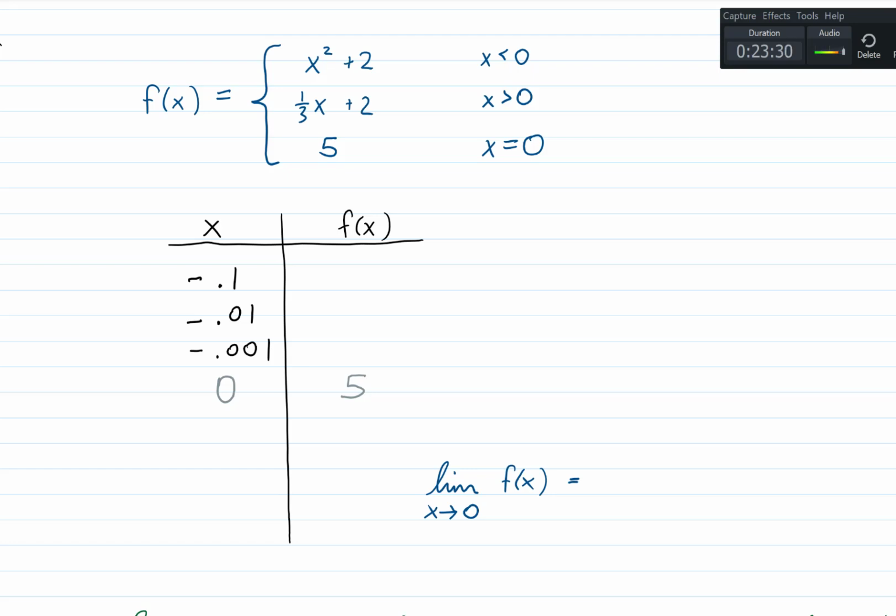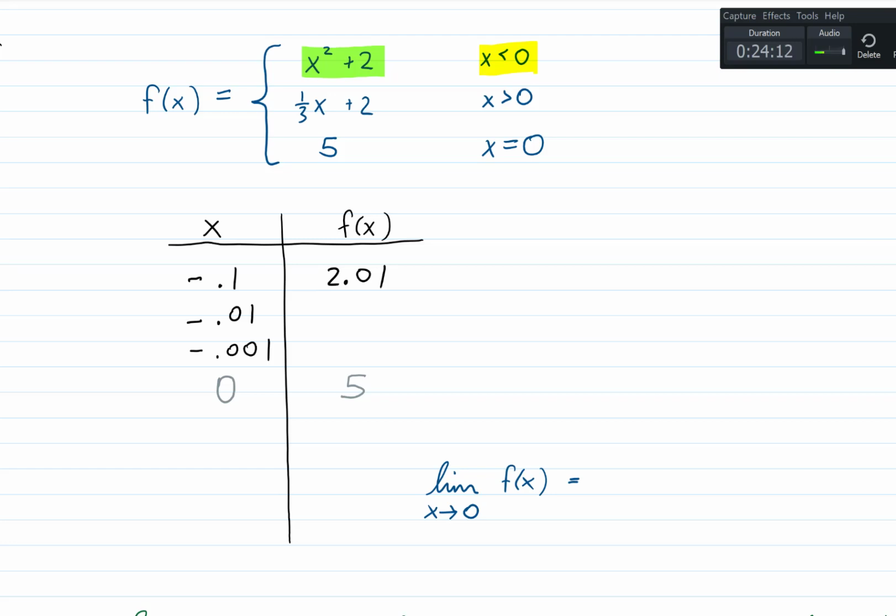Let's plug those into our function and see what we get. So because they're negative, I should be using that equation, right? So negative 0.1 squared plus 2. What do we get? We get 2.01. When I plug in negative 0.1 as my x value, I get a y value of 2.01.